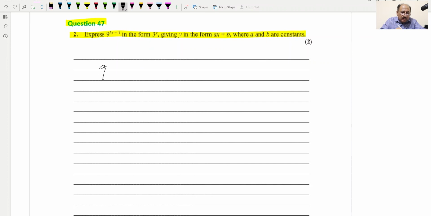So 9 raised to the power 3x plus 1, we can rewrite it as 3 square whole raised to the power 3x plus 1, and this one we can write 3 raised to the 2, and this one can be multiplied, and if we multiply these we will get 6x plus 2, and this will be equal to 3 raised to y.